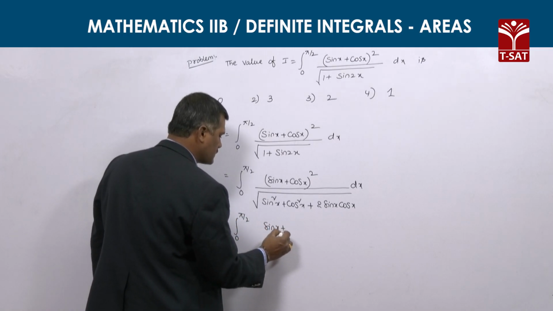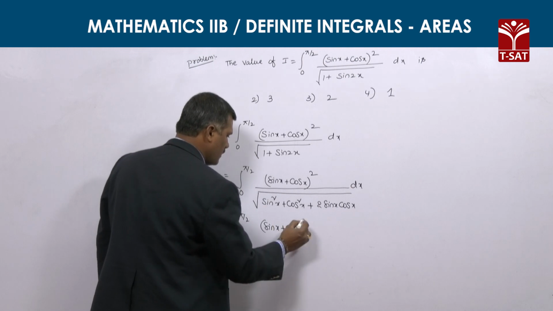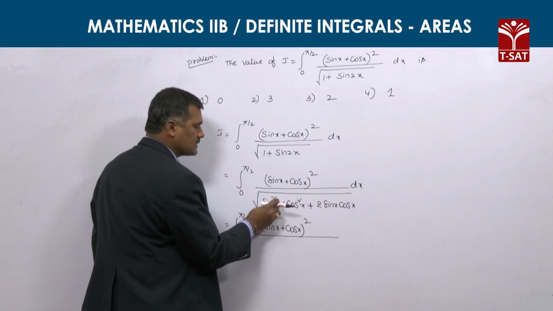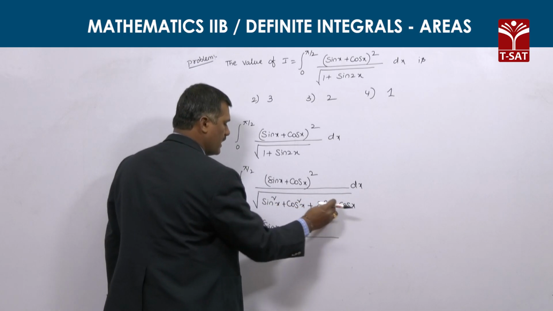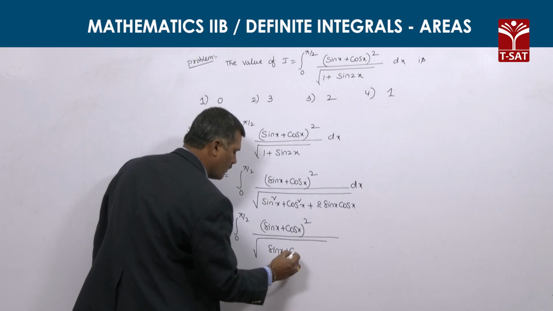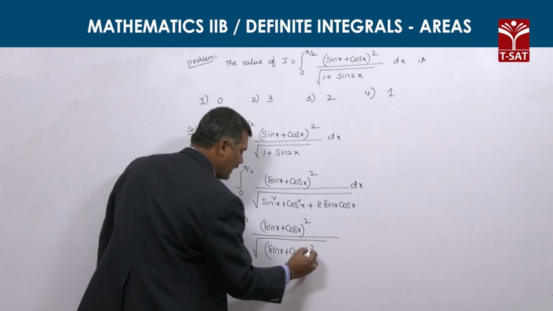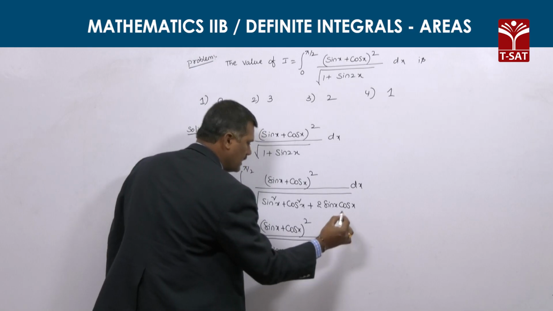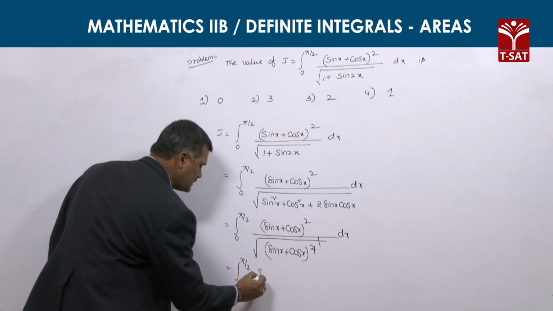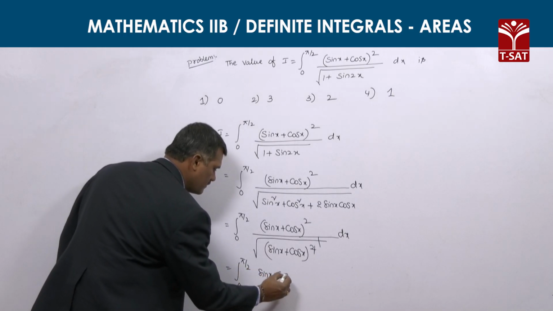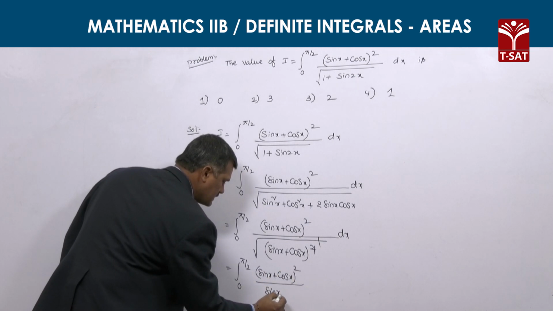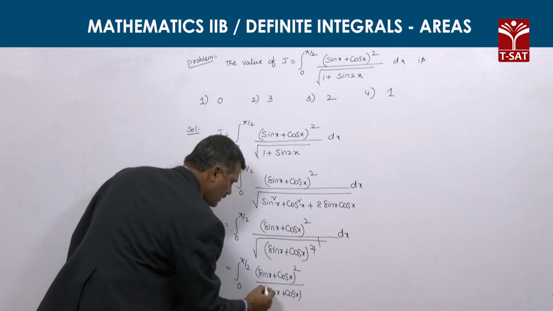(sin x plus cos x) whole square, whole divided by, let us take this as a square plus b square plus 2ab, we can write it as under root (sin x plus cos x) whole square, and the square and root will get cancelled into dx, that is equal to integral from 0 to pi by 2 of (sin x plus cos x) whole square, whole divided by (sin x plus cos x) into dx.